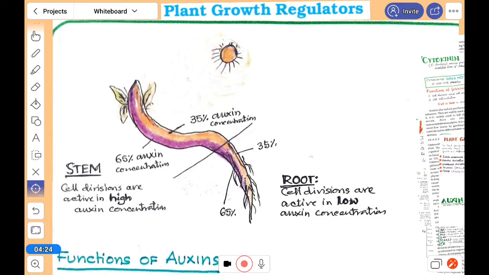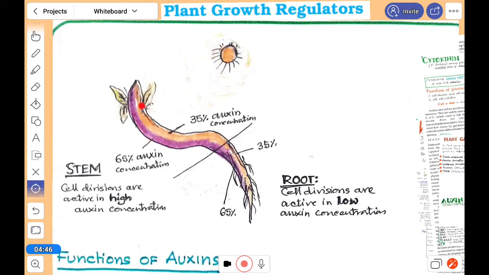Auxin helps in phototropism, that we know. That means the movement of the plant part towards the light source. How can it grow? When the plant gets proper light, the concentration of the auxin will vary.